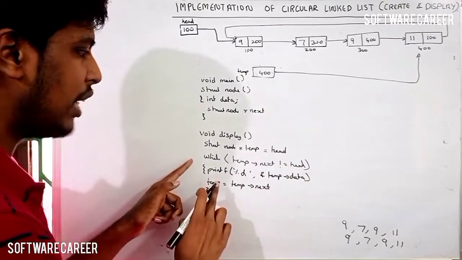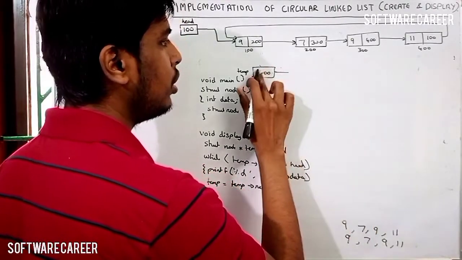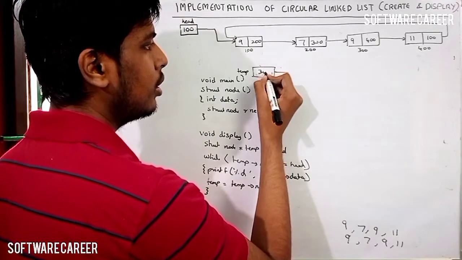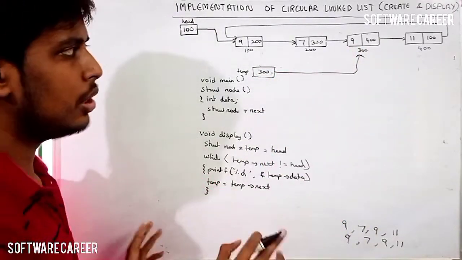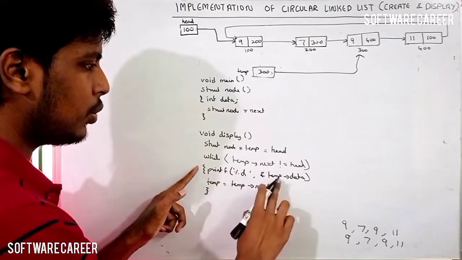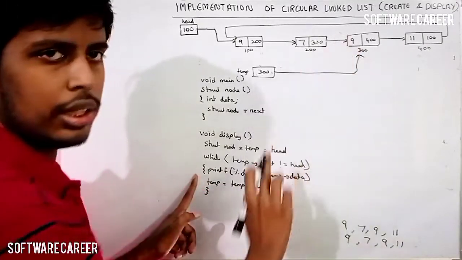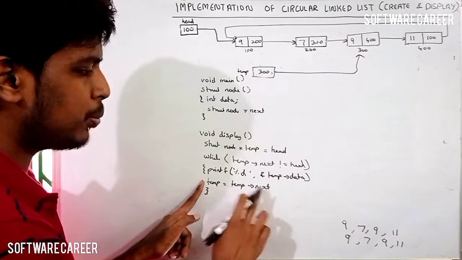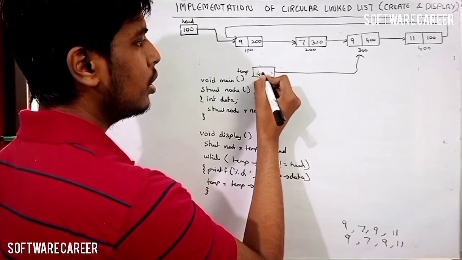Now, while temp next not equals to head means, suppose this pointer is pointing to address 300, the third node. Now it enters this loop. It prints the data 9 and temp is moved to temp next. So this is moved to 400.